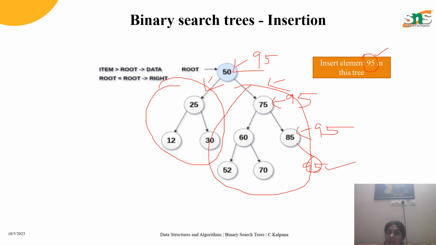Each time I have to compare with the node and see whether I got my value or not. If not, I have to check whether it is less than or greater than. If it is greater, I have to traverse and place it in the right direction of the node, or else I have to place it in the left subtree.